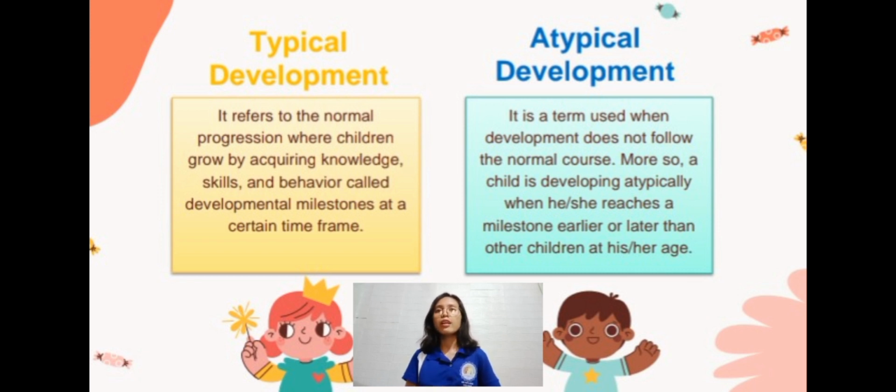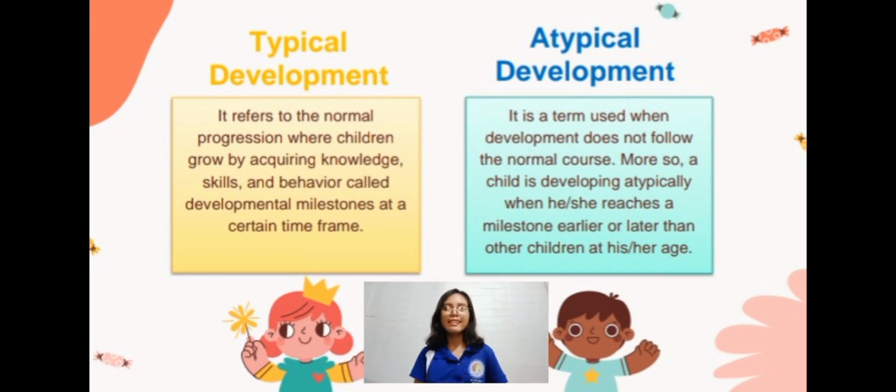Smiling, crawling, manipulating objects, walking, self care, and talking are examples of developmental milestones that provide valuable insight into a child's development. On the other hand, atypical development is a term used when development does not follow the normal course. More so, a child is developing atypically when he or she reaches a milestone earlier or later than other children at his or her age.